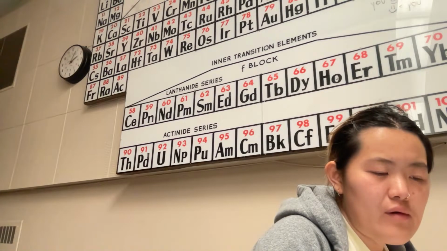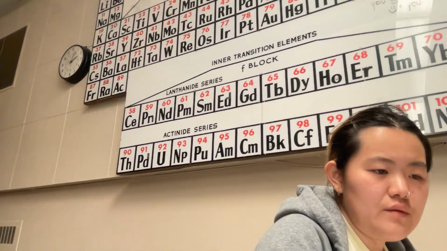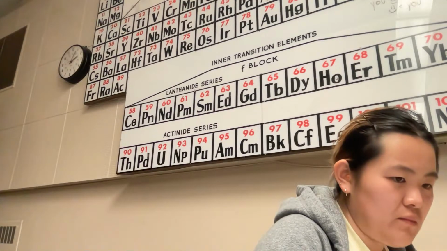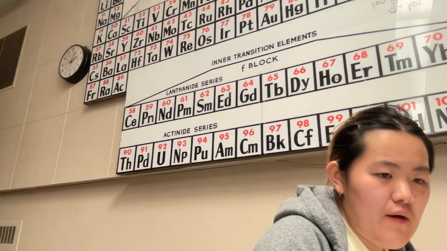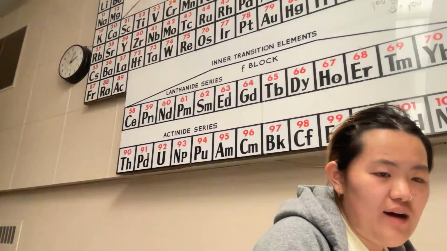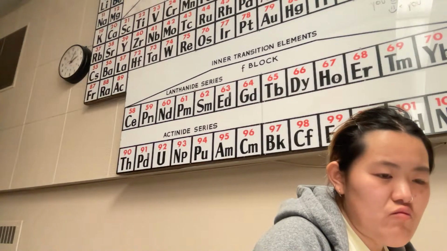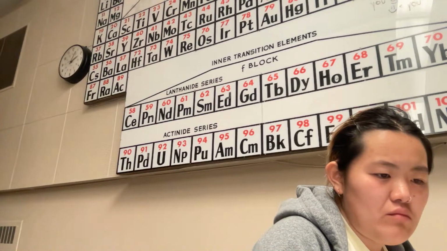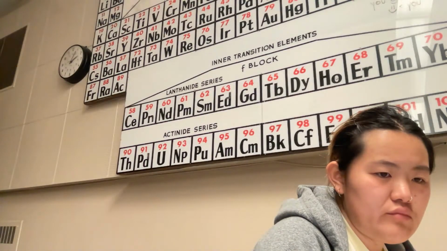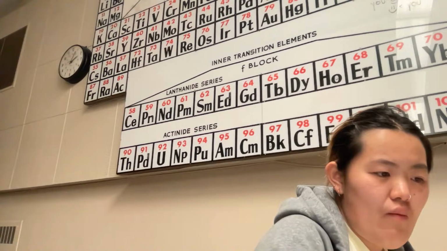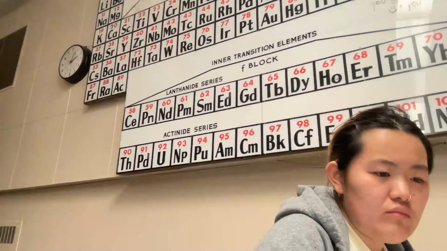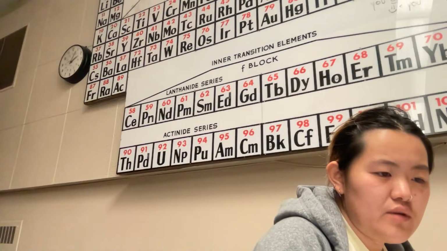So, reducing acetone with, and then we will have... did we use a DH for somewhere else? Right.